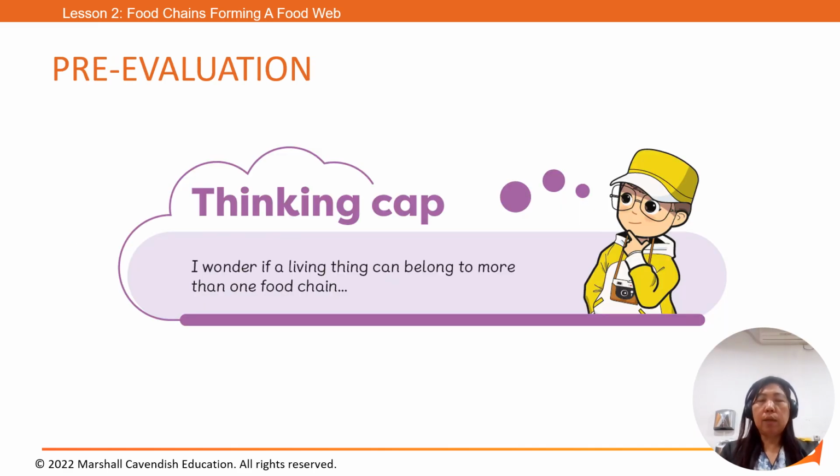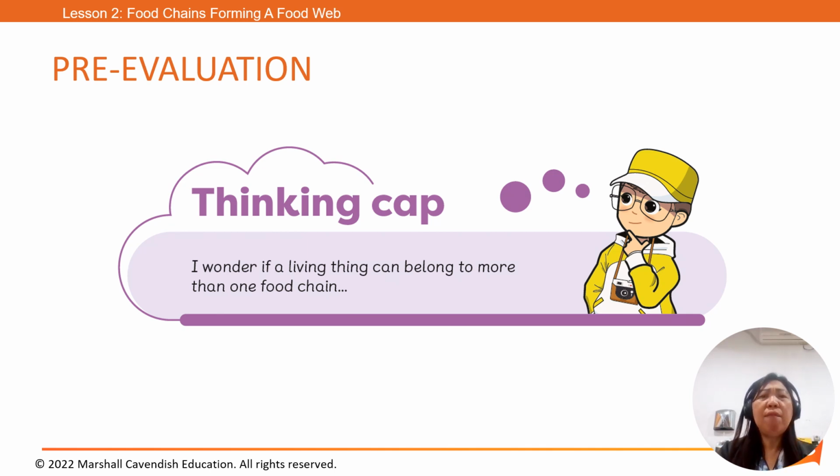Before we continue, let's open page 53 of your student's book. Don't forget to open page 53. And before we continue, let's put on our thinking cap. Let's think about whether a living thing can belong to more than one food chain. Can it be happening?